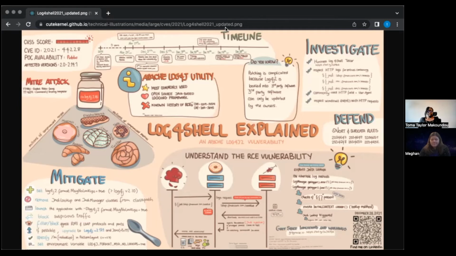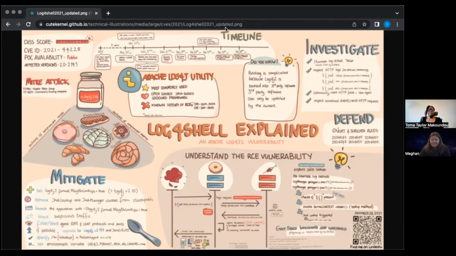So yes, it was great to see that they were very prompt and gave their input in the discovery, or the wide exploitation, of Log4Shell.